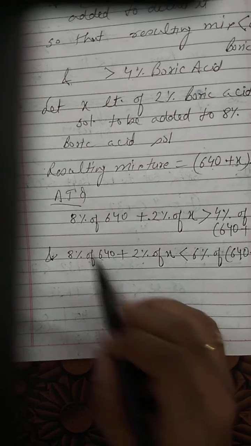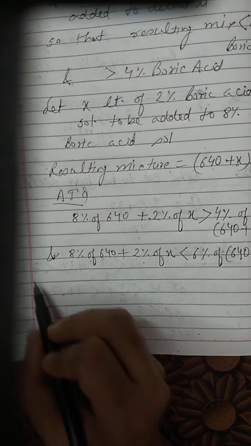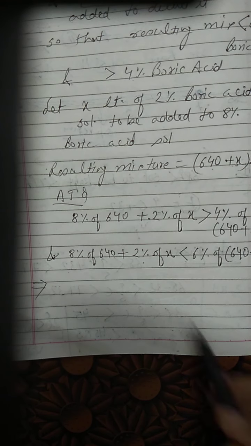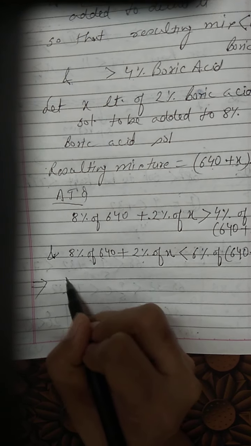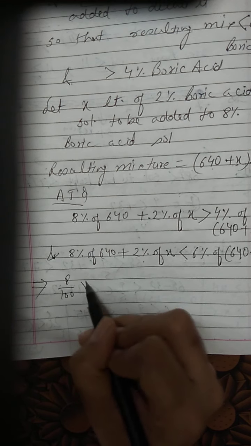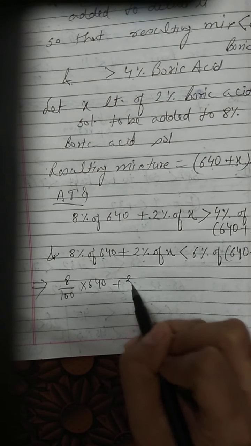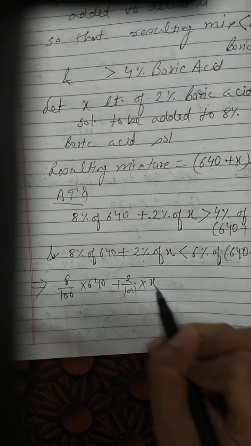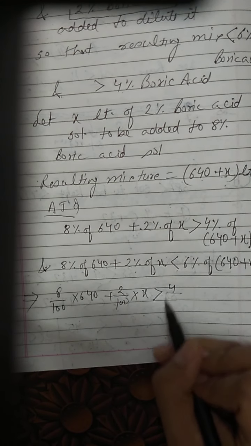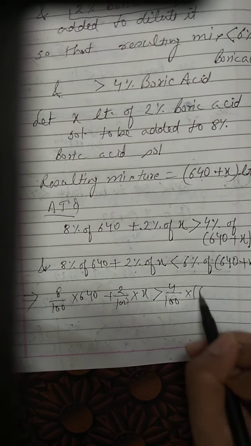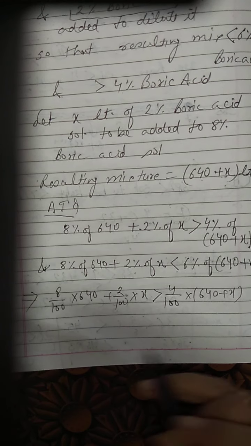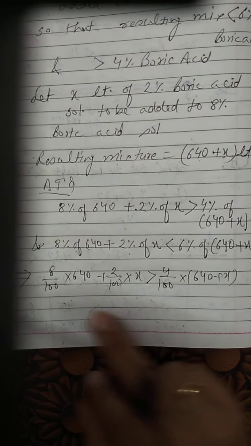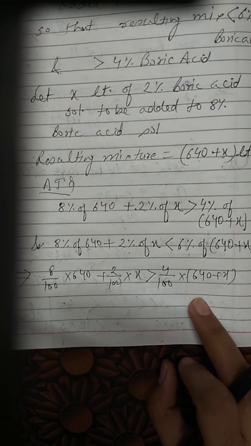So let us do it. When we remove the percentage sign, I hope you know we will divide by 100. So it will be 8 by 100 into 640 plus 2 by 100 into x, it is greater than 4 by 100 into 640 plus x. Throughout, if you notice, the left hand side and right hand side both have 100.